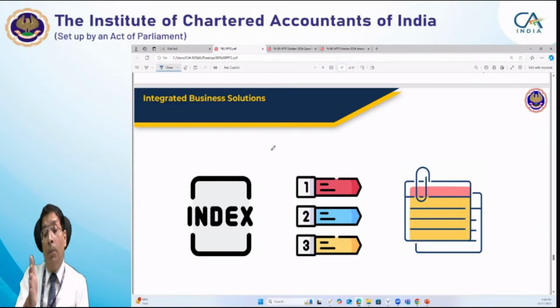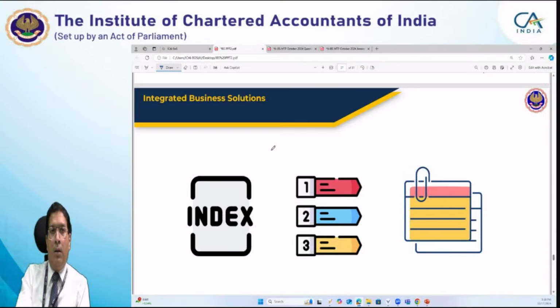Please prepare an index of key points, key concepts, and key topics, because it will be very helpful for you to identify a particular topic in your exam.